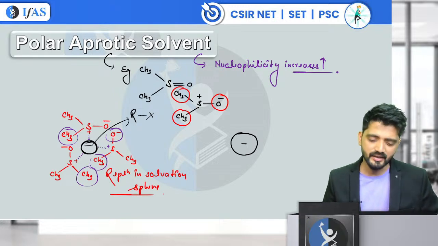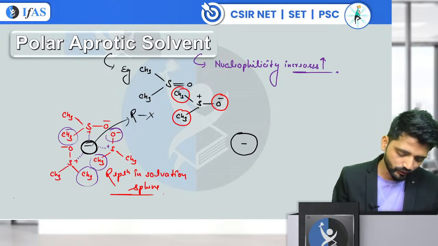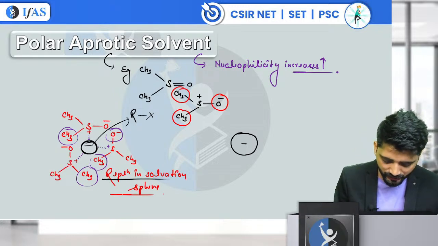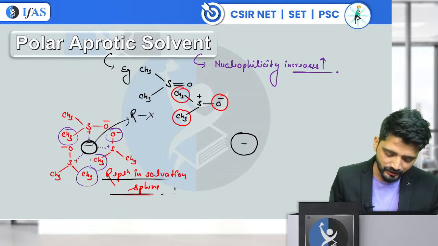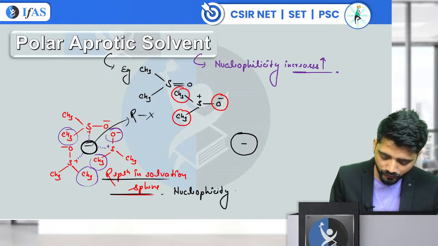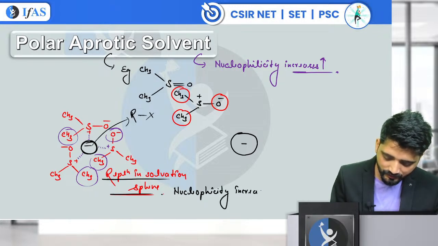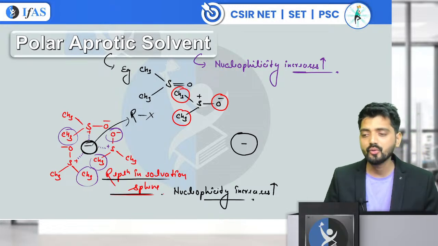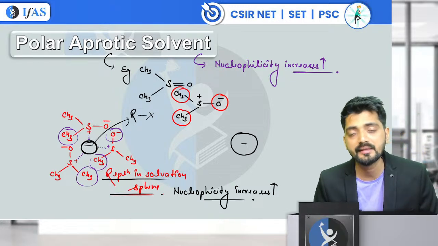That's why we say that in a polar aprotic solvent, because of the repulsion in the solvation sphere, the nucleophilicity of the anion increases. Did you get the concept of how the nucleophilicity is increasing?